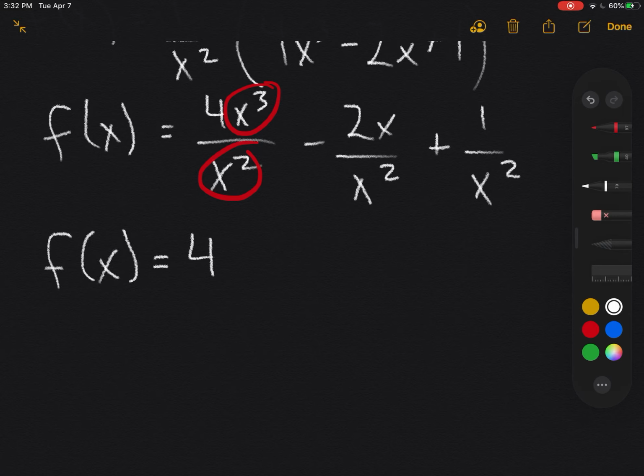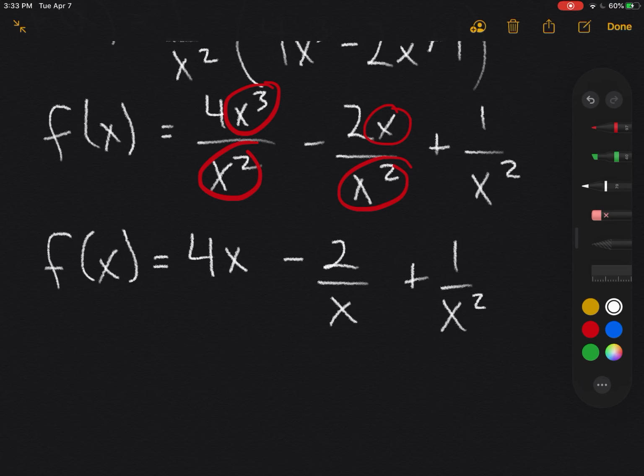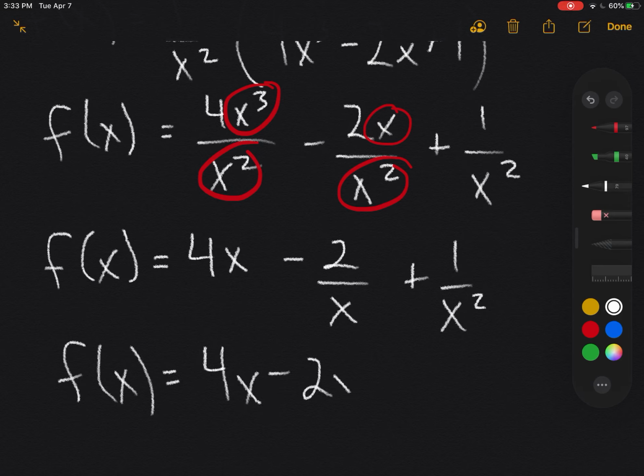And I'm going to use my laws of exponents to simplify here and here. And so I'll have f of x is equal to 4x. Again, I'm going to simplify using my exponent laws here. Minus 2 divided by x plus 1 over x squared.